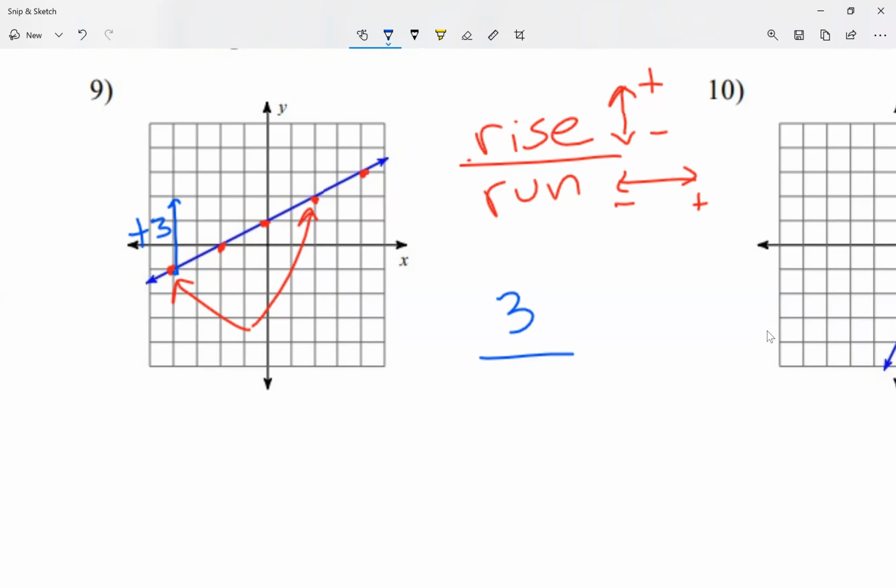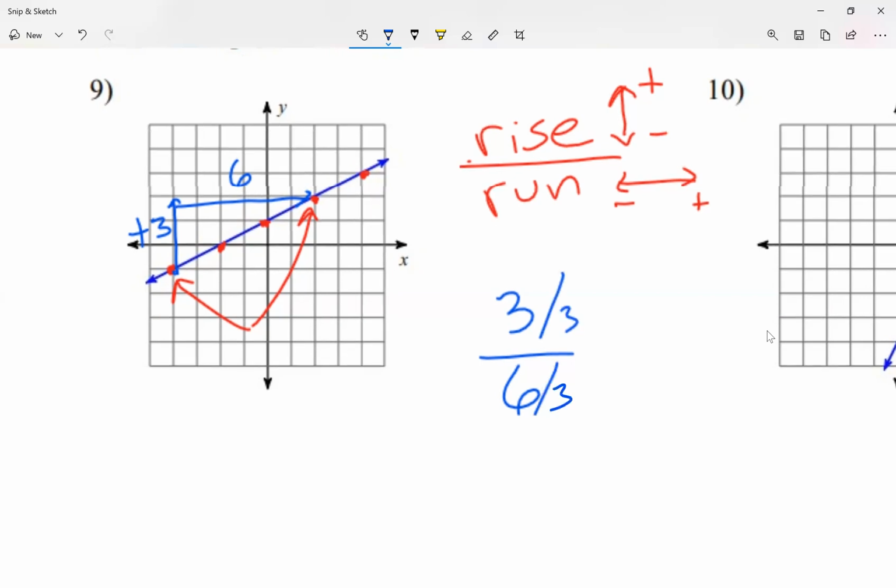Then it seems like I go to the right. I count how many spaces I move, and there are 6 spaces. So it's positive 6. I move 3 up and 6 to the right. Now I got to simplify my fraction. Let me divide, in this case, each by 3, and my fraction will be 1 over 2.